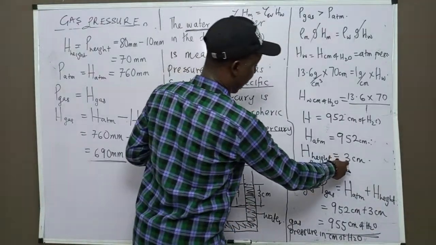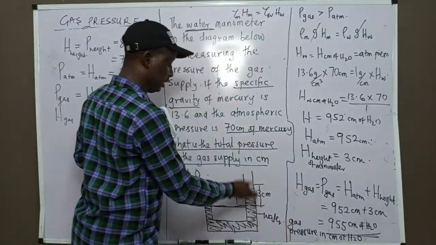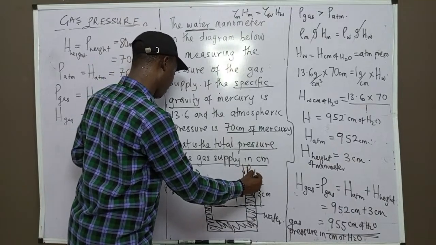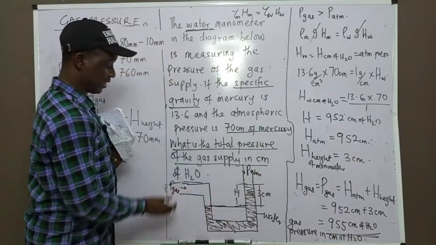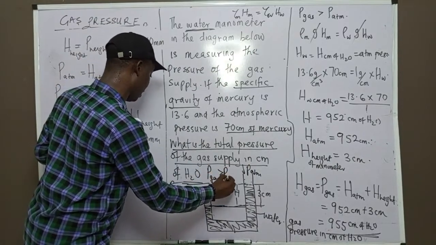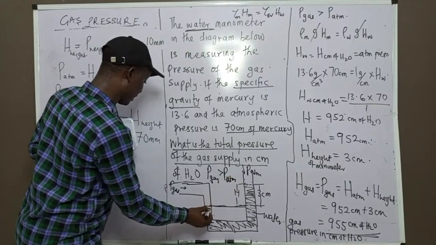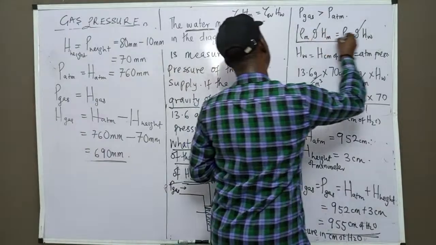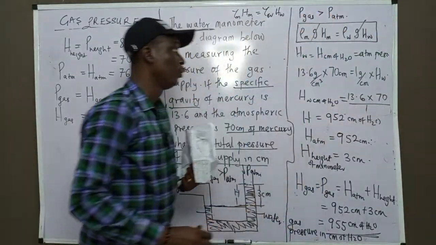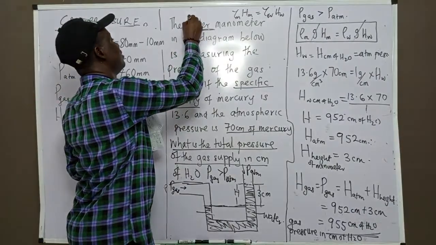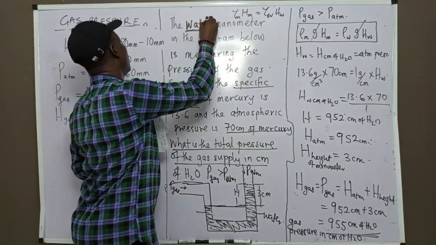952. Then add the height due to the pressure of the gas being greater than the pressure of the atmosphere. This is atmospheric pressure. This is the pressure of the gas, which is higher. Don't forget it's water that is used, so you convert, and I told you how to convert. Check the theory video. Since it is water that is used in the question, they did not say mercury.